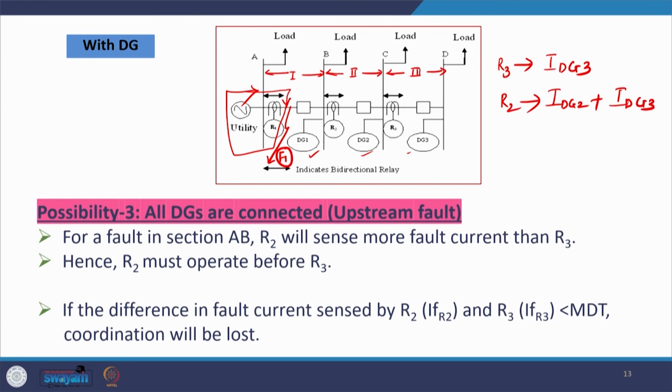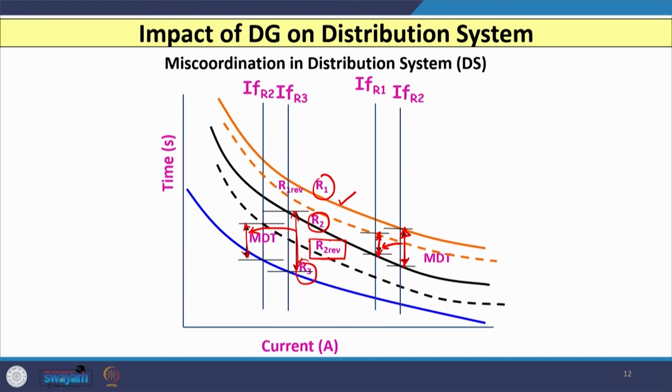So, more current will flow through R2 than relay R3 for a fault at F1. In this case, as more current will flow through relay R2, R2 should operate first, then relay R3 will operate, and because of this obviously the margin between the two relays is going to reduce, as I told you.